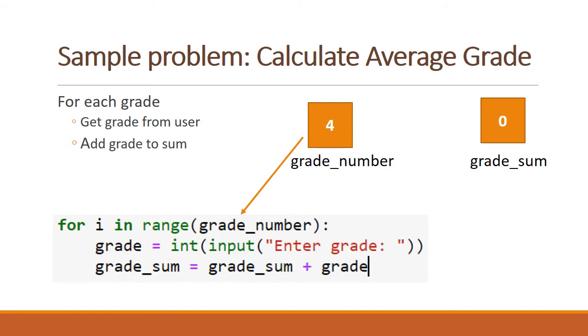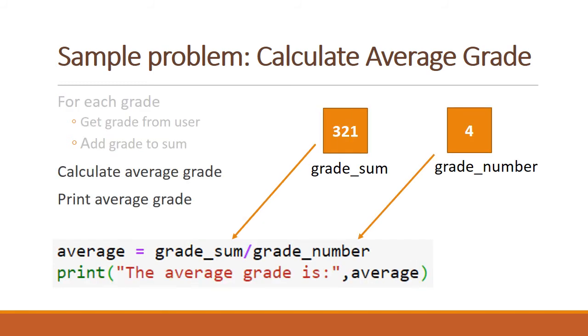So 4 times, we're going to ask the user to input a grade. We're going to convert it to an integer, and then grade is going to be assigned the value entered by the user. Next, we're going to add that grade to our grade sum.